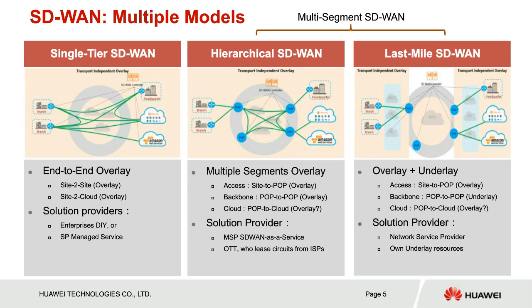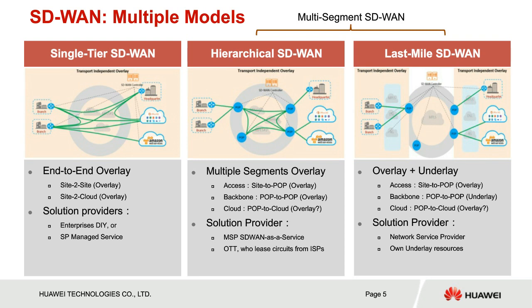So that was the initial idea of SD-WAN. Here we call it single-tier SD-WAN. Basically, enterprises can do it themselves, buy two small boxes, put them into their branch offices, and voila, you can aggregate maybe 1, 2, 3, even 4 bandwidths between those locations.